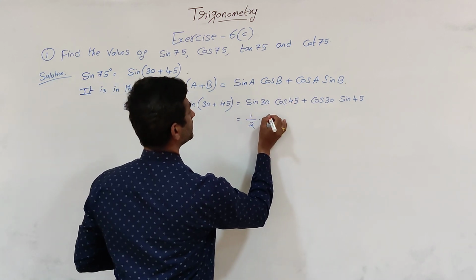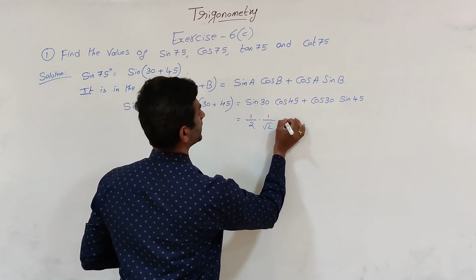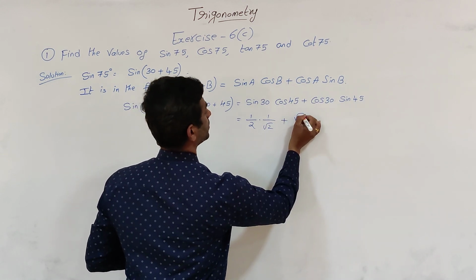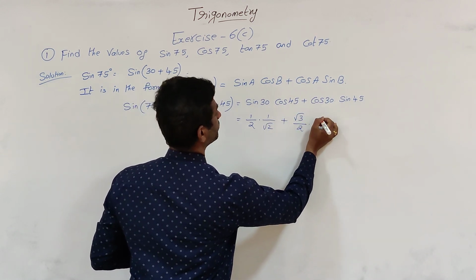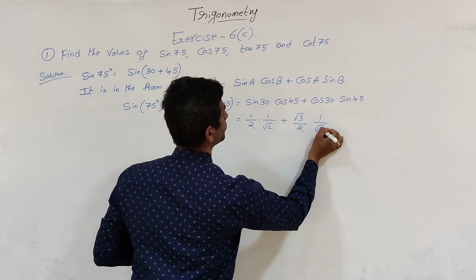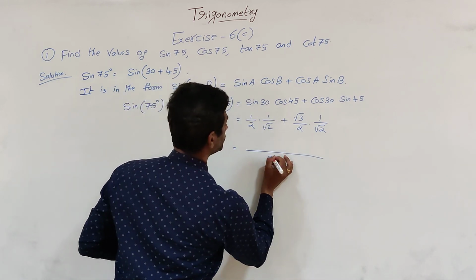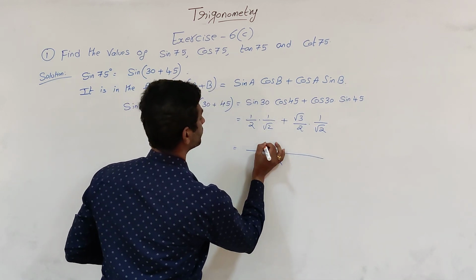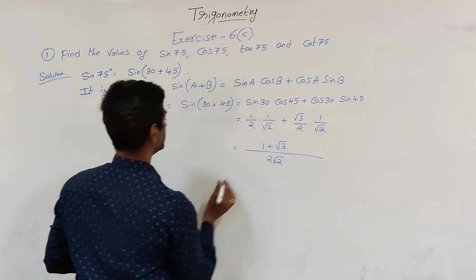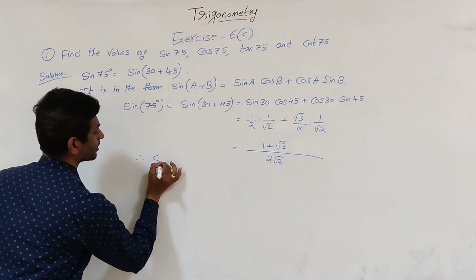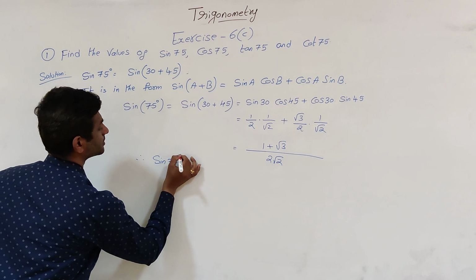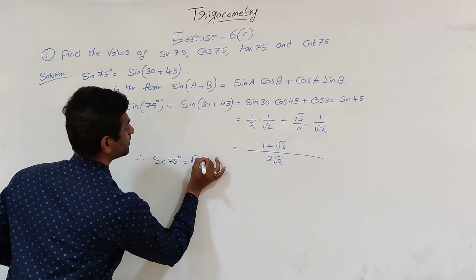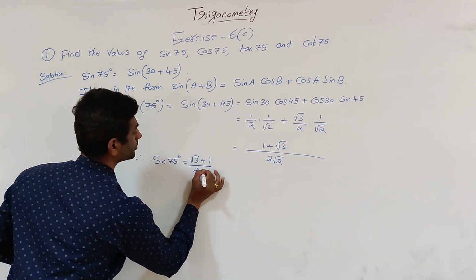And cos 45 is 1 by root 2, plus cos 30 root 3 by 2, sin 45 1 by root 2. The LCM is 2 root 2 and this will be 1 plus root 3. So sin 75 degrees is equal to root 3 plus 1 by 2 root 2.